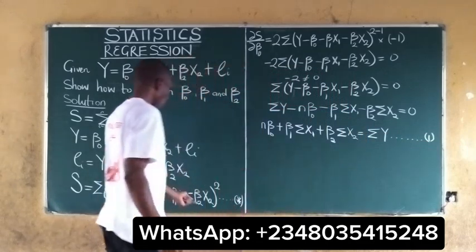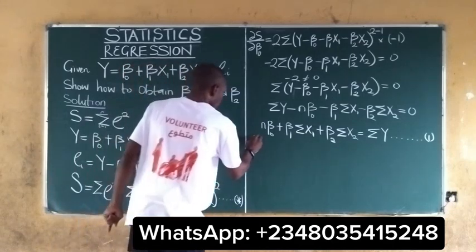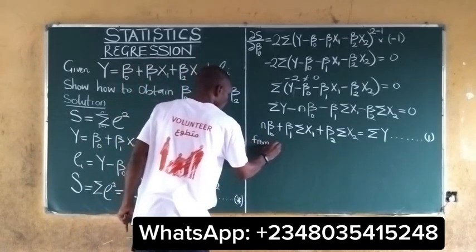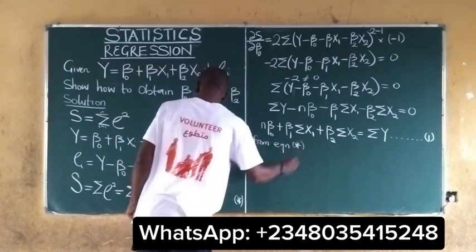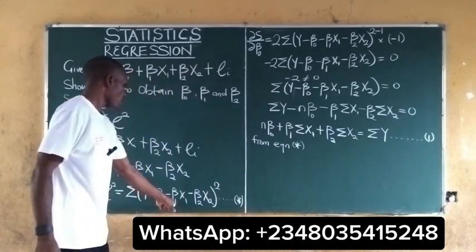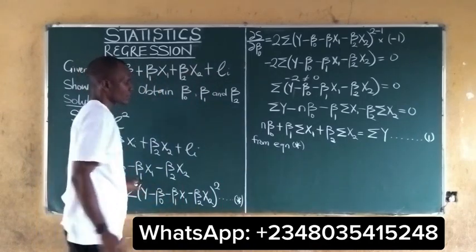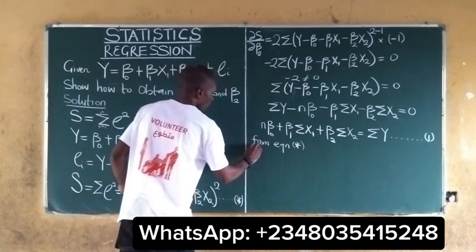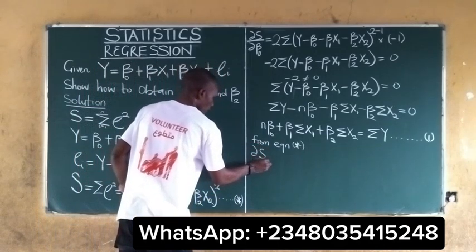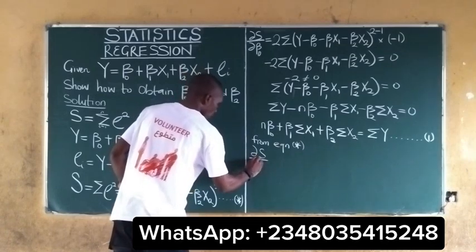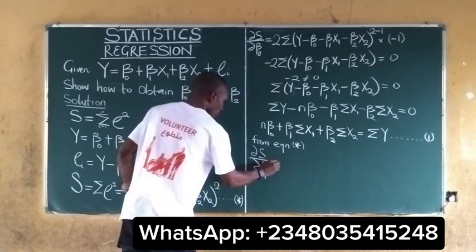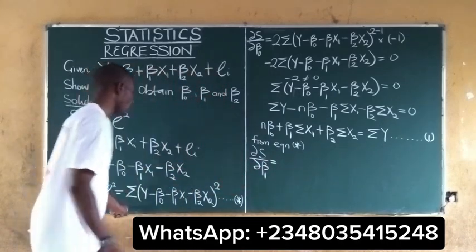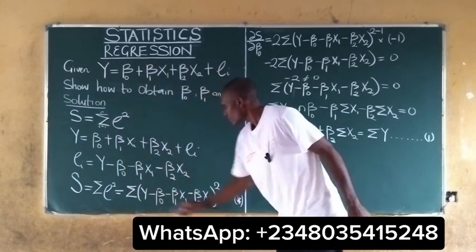We now recall from equation star, we can look for the derivative with respect to B1. So our sum of square error divided by B1, now we are differentiating with respect to B1, so we are differentiating this function.